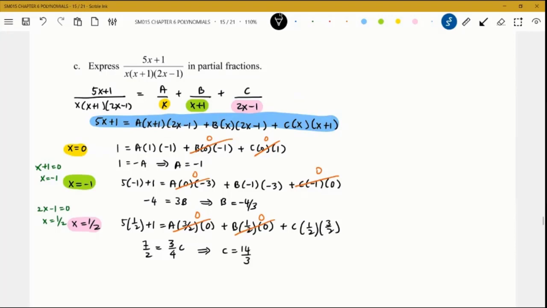Okay, so you already have A, B and C. So A kita dah ada. B kita dah ada. C kita dah ada. Terus masuk dekat bahagian sini.